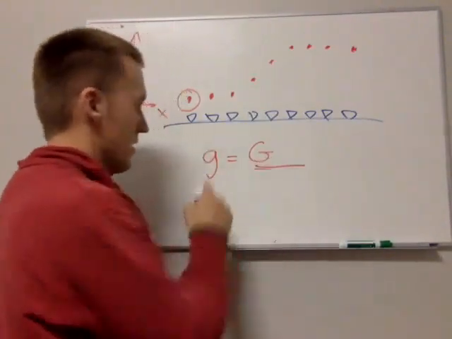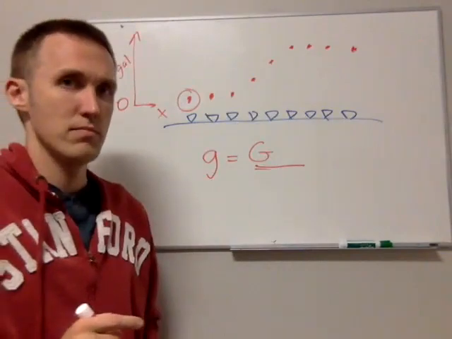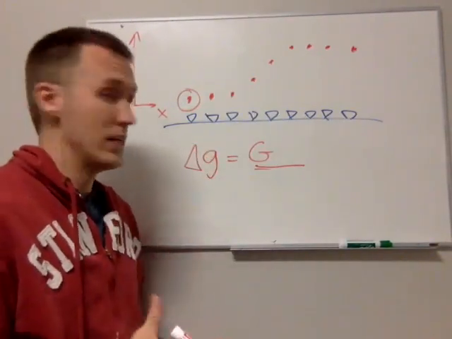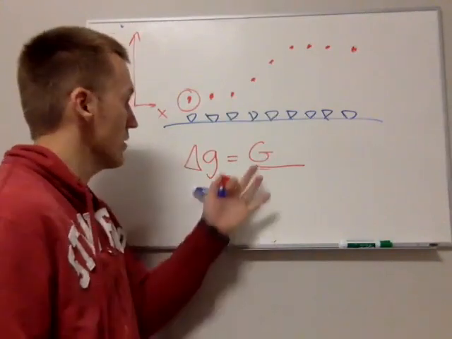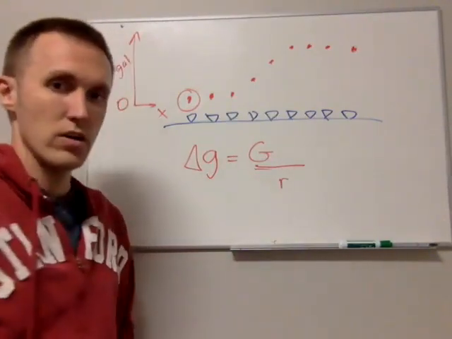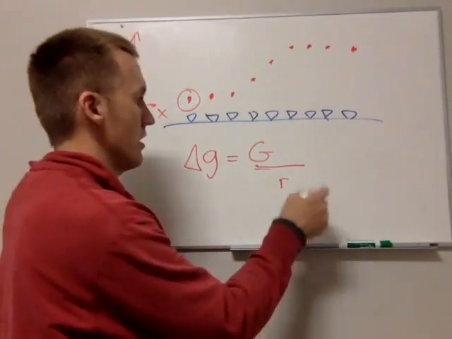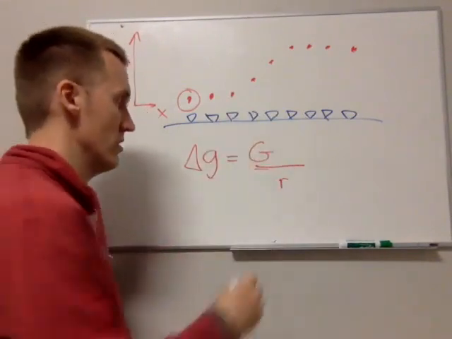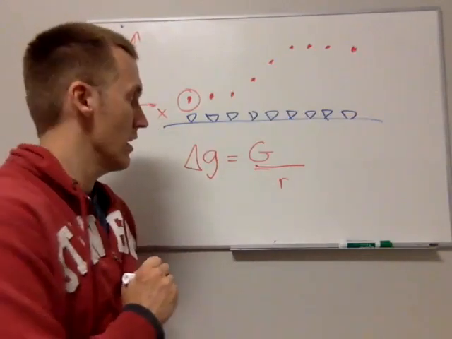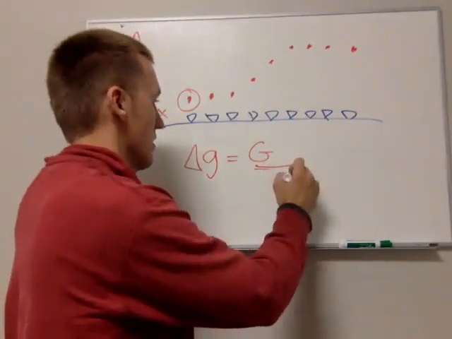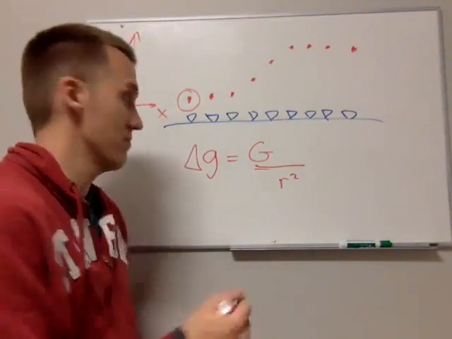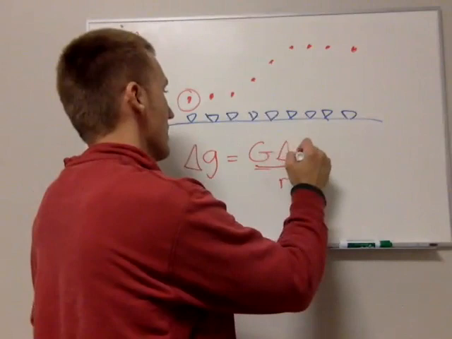And we're going to say that local g, let's call it delta g for the gravity perturbation, the gravity anomaly, is equal to, again, gravitational constant G, little r, where r is the distance from the anomaly to the observation, so just write it as little r, and then that should be r squared, and then we have our mass anomaly, so we'll say delta m.